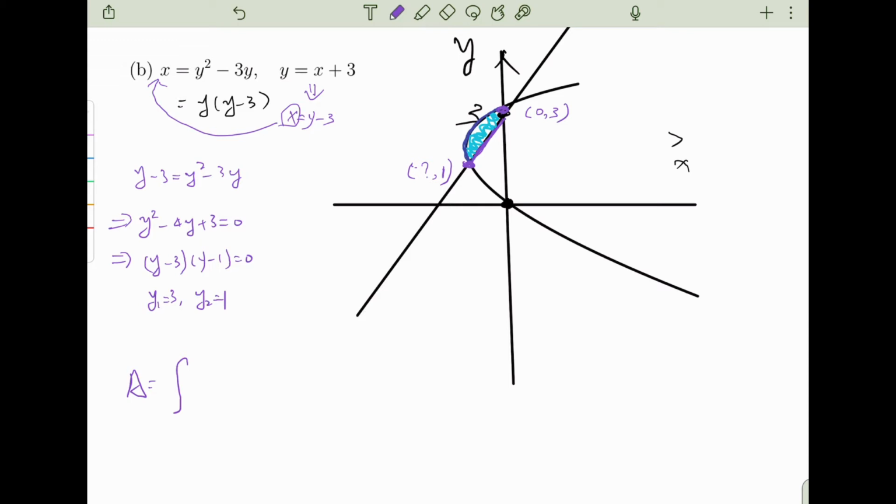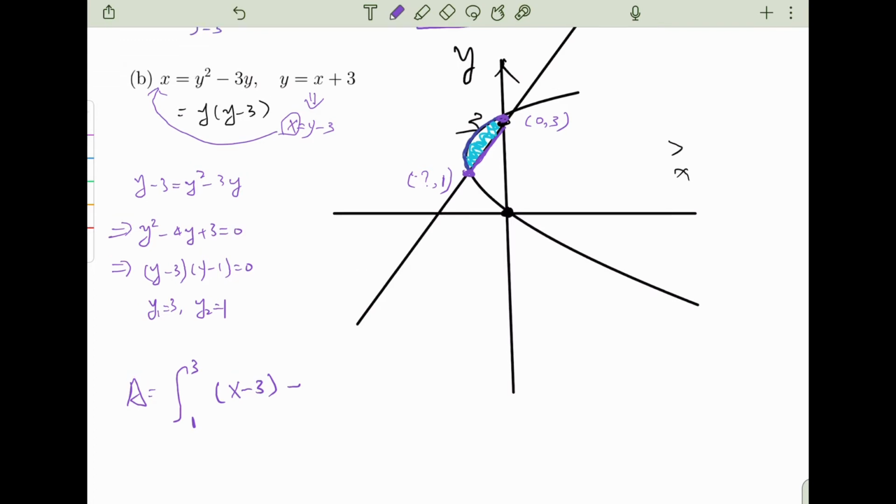Starting from the lower y, that is 1, and the upper y, that is 3, we use the straight line minus the parabola, because the straight line is on the right side of the parabola.